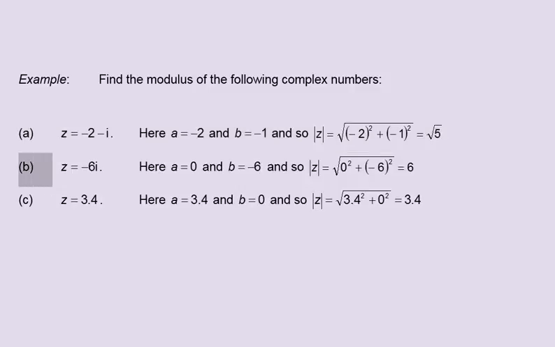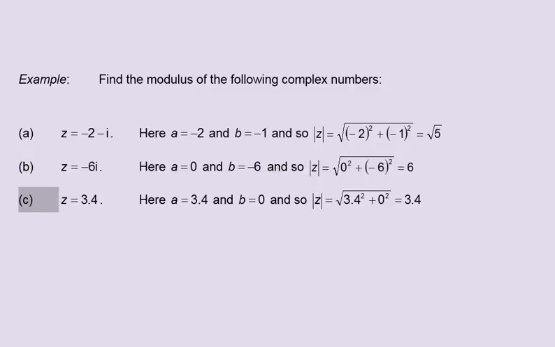B. z equals minus 6i. Here, a equals 0 as there is no real part, and b equals minus 6, and so the magnitude of z equals the square root of 0 squared plus minus 6 squared, which equals 6.